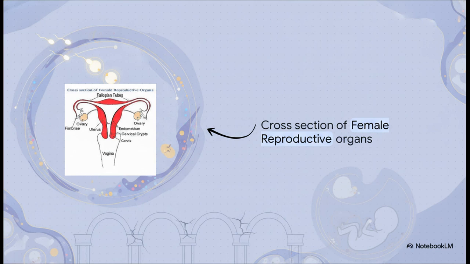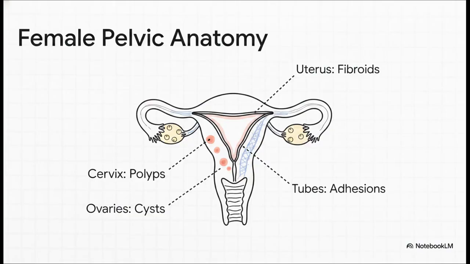But, as we well know, even the best architecture can sometimes have structural flaws. And that brings us to the clinical realities. When this beautiful structural blueprint is altered in any way, subfertility often follows right behind it. For instance, the uterus itself can be compromised by fibroids, adenomyosis, or various congenital abnormalities that completely alter its size and position. The cervical gateway?